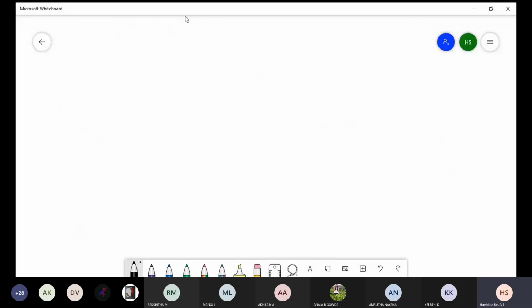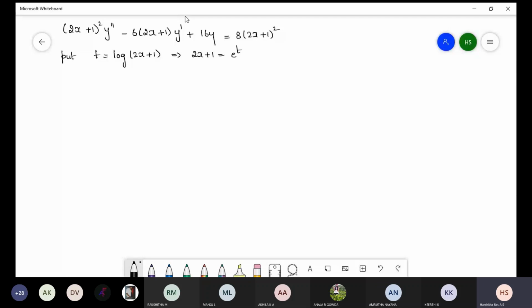This one is a little bit different. The coefficient of x is 2. So (2x+1) whole square y'' minus 6 into (2x+1) into y' plus 16y is equal to 8 into (2x+1) whole square. Put t is equal to log of (2x+1). So 2x+1 is equal to e power t.